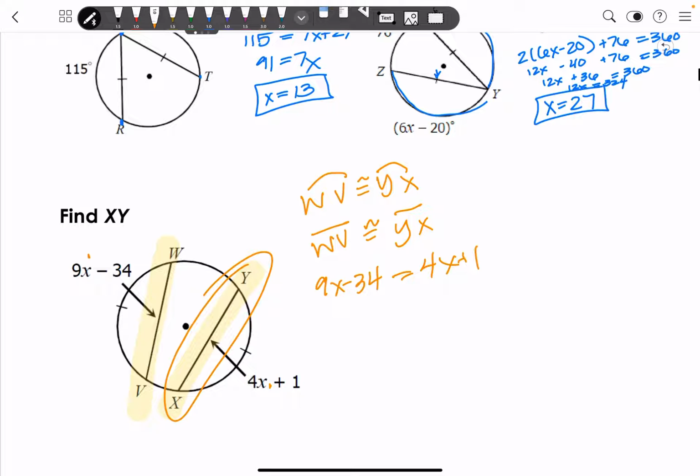All right? When you're done, you should get that XY is 29. So make sure you got x equals correct, and XY equals 29. X was equal to 7.